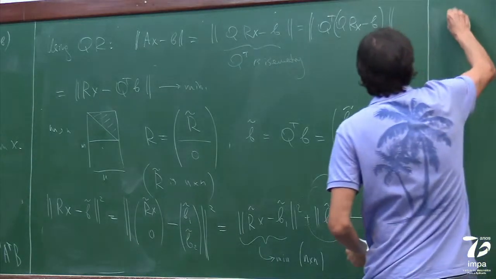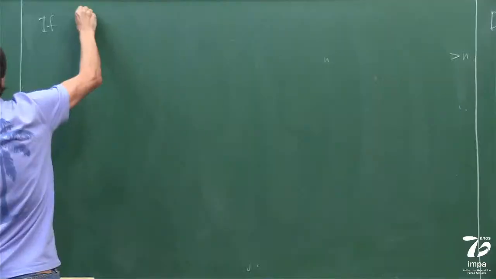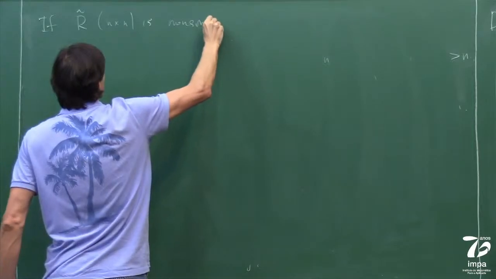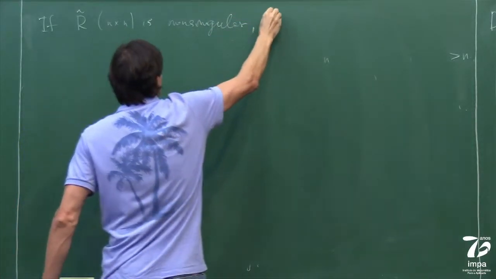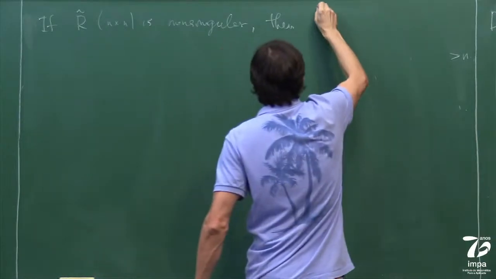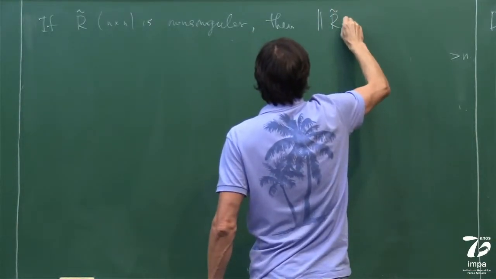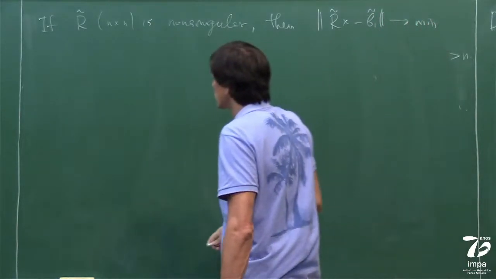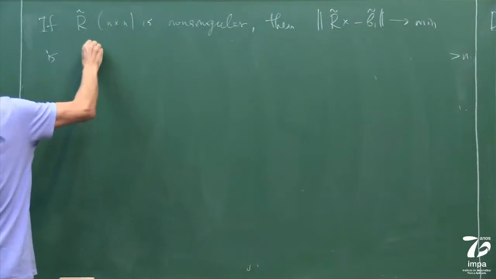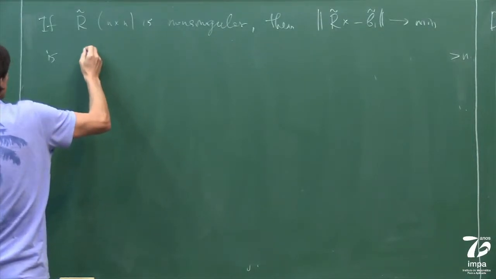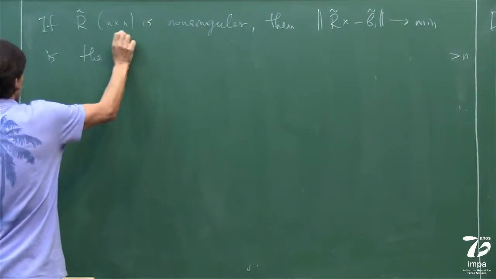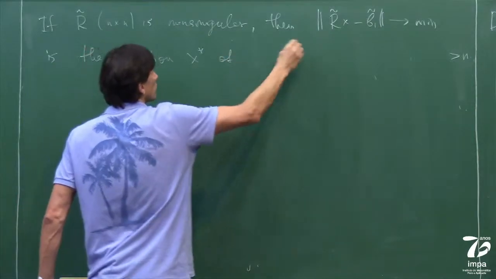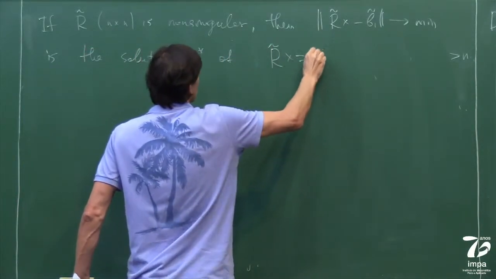So if R tilde, which is n by n, is non-singular, then the minimizer of this is the solution x star of this problem.